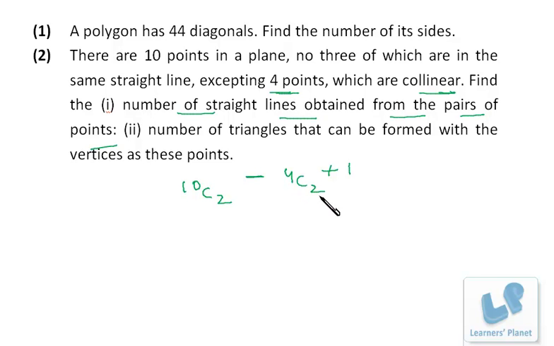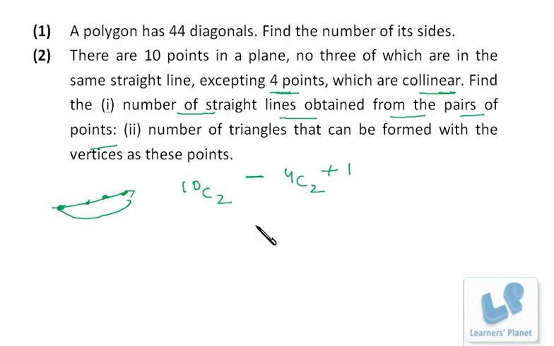We deducted all the combinations, but we will be getting one and exactly one line if I match these 4 points. So I added that, because while deducting this 4C2, I eliminated all the combinations, including the combination of this and this also. But we will be getting one line if I match this with this. So plus 1.